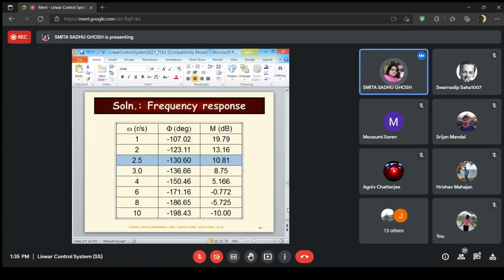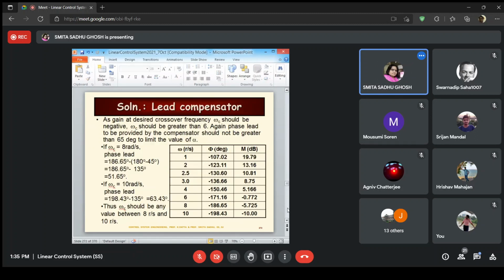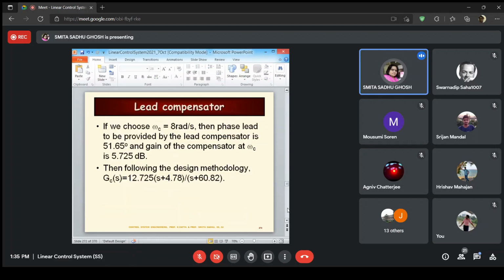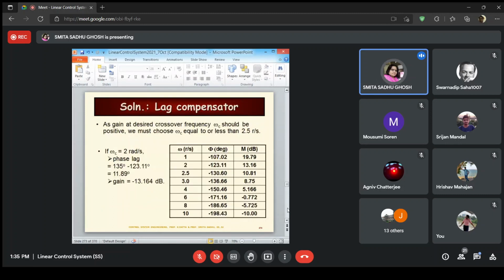So with that, now I'll just go to the written things. So this was for the lag compensator. So now at 2 radians per second, as we were saying, the amount of phase lag would be around 11 degrees.